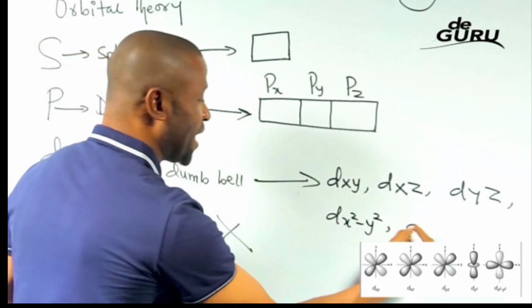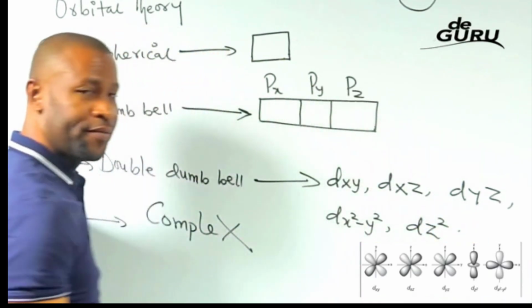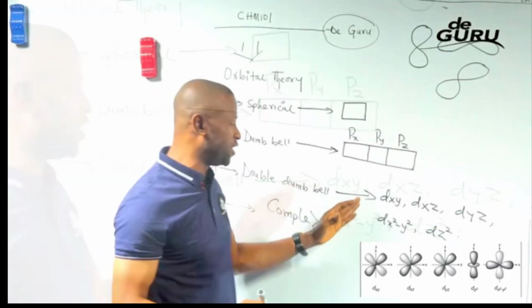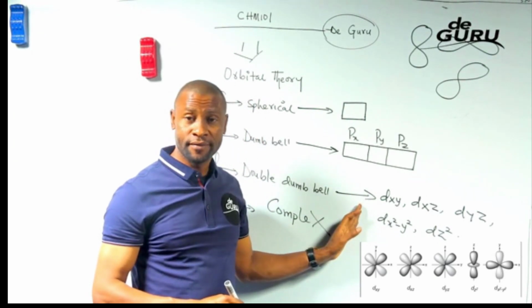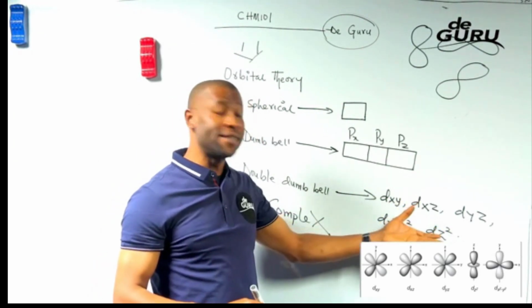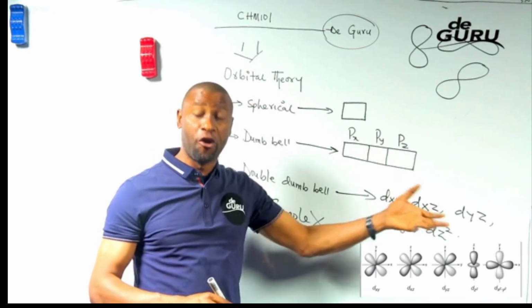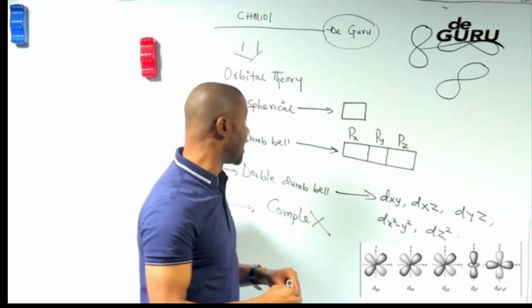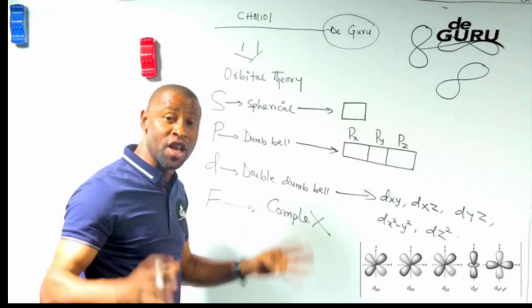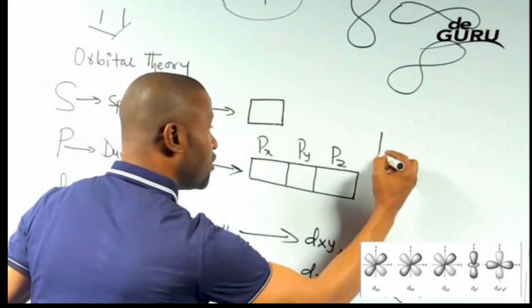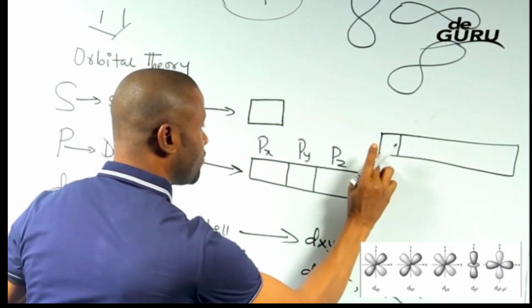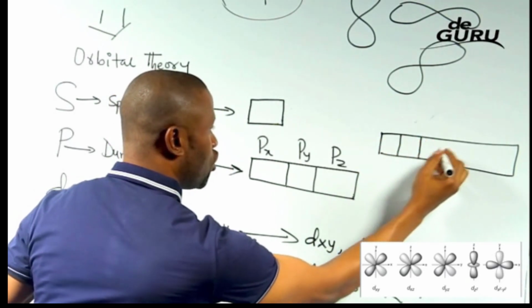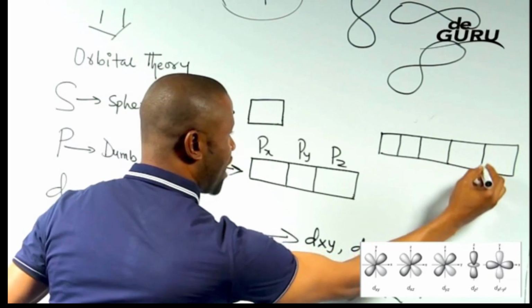And of course, you talk about the dz square. The 5 different types of d orbital with 5 different orientations in space. So if I'm to represent the d orbitals using block form, I am supposed to represent the d orbital with how many blocks? 5 blocks. 1, 2, 3, 4, and 5.